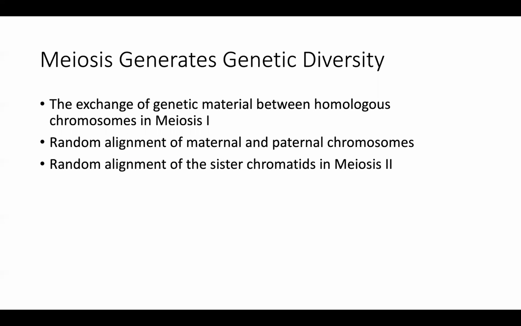Then we get this random alignment of maternal and paternal chromosomes. So you're getting this random assortment of chromosomes and genes from both mom and dad, right? There's no control over this disbursement. All right.